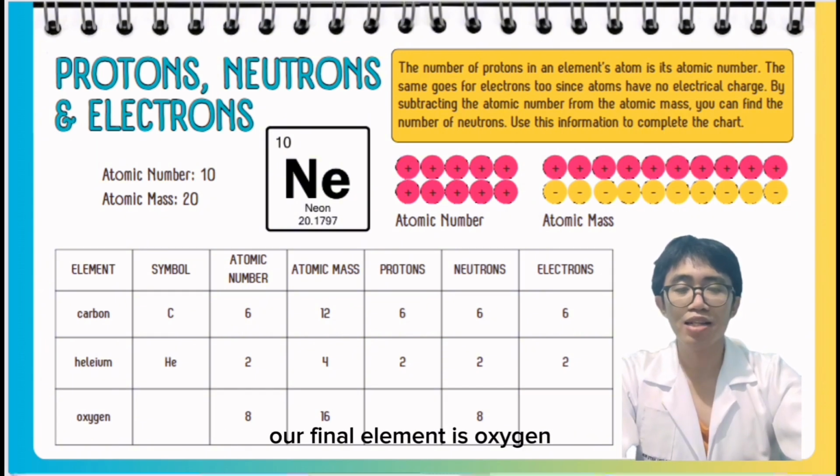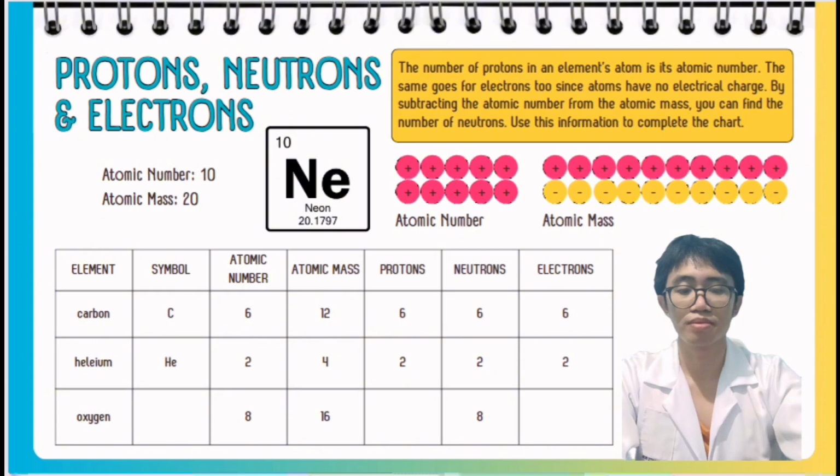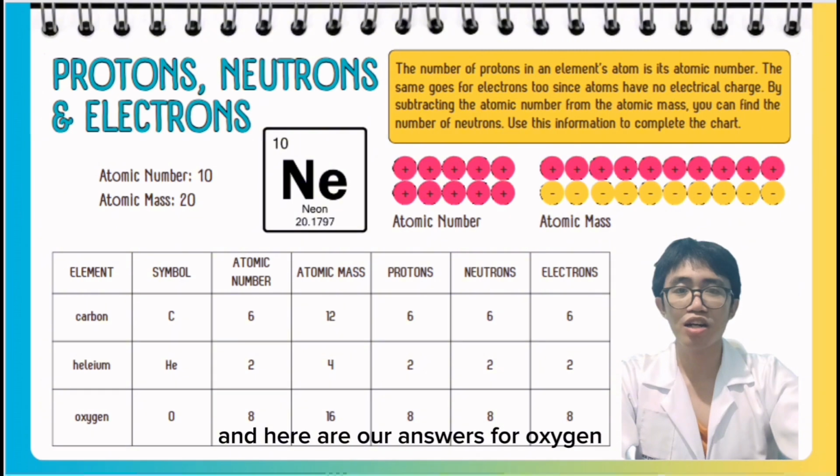Our final element is oxygen. The missing blanks are its symbol, number of protons, and electrons. And here are our answers for oxygen.